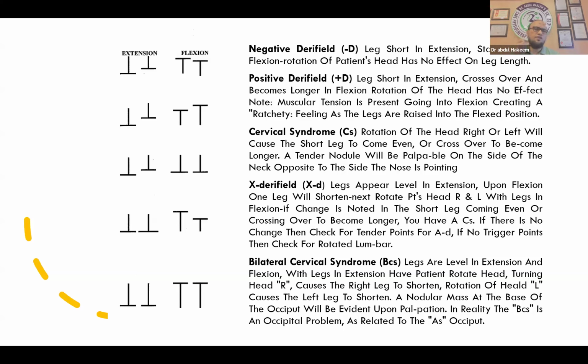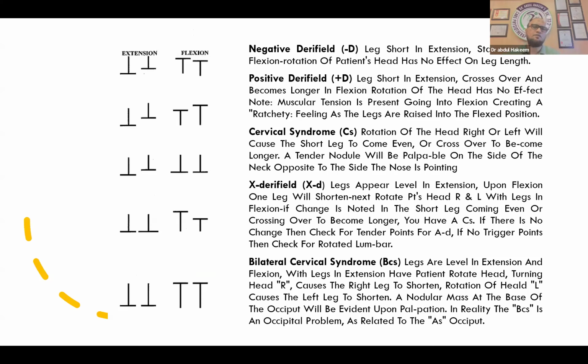In case of external field, during extension both legs will be equal, and during flexion again equal. During flexion, ask the patient to rotate the head to the right or left. During rotation, if it becomes short, again you have to look for the cervical. If length doesn't change, you have to look again for sacral dysfunction.